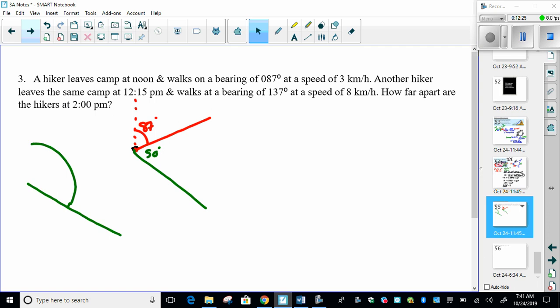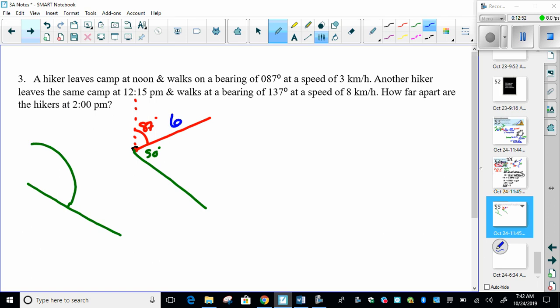Now I need to find my lengths on here, because the one walked at a speed of 3 kilometers per hour, he really took a nice stroll, and the other one's walking at 8 kilometers per hour, like pretty brisk pace. And we want to figure out how far they are apart. So since one started at noon, he walked until 2 p.m., that's 2 hours. If he walked at a speed of 3 kilometers per hour, his distance then is 6.